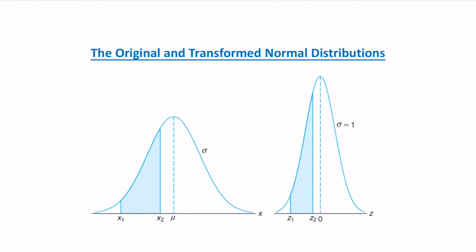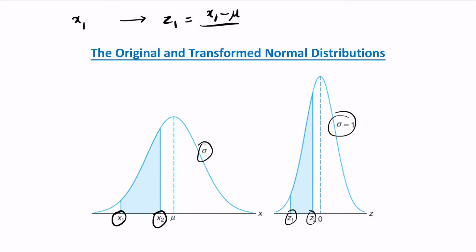Now let's take some examples and see how you convert from one system into the other. How do you convert a general normal distribution into a standard normal distribution? By using the z value. We take the x1 value and find the z1 value, which is equal to (x1 minus mu) divided by sigma.